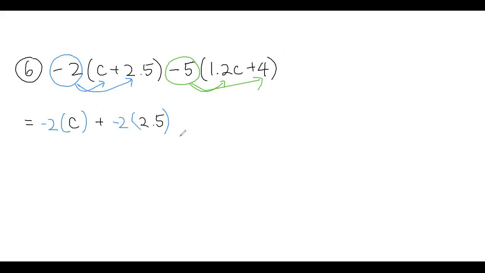And since we're going to treat -5 like it's the opposite, I'm going to put a plus sign here because it's the same thing as plus -5. So I want 1.2 C and I want 4. I just want 5 negatives of them. Which one did I use? This one?